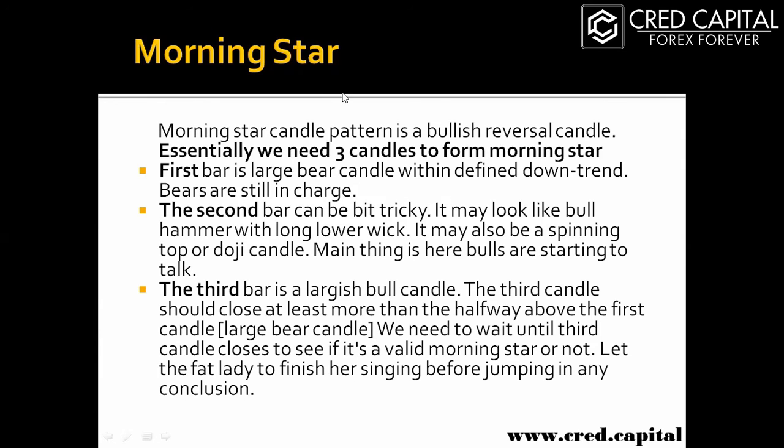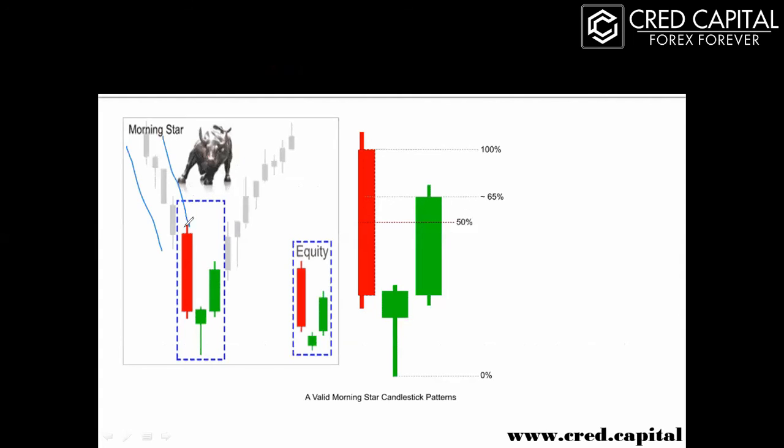So here is what the morning star actually looks like. I hope with the help of these diagrams half of your doubt will be cleared. According to the trend, we have the large bearish marubozu, and at the bottom we have a hammer, inverted hammer, or a dragonfly doji.